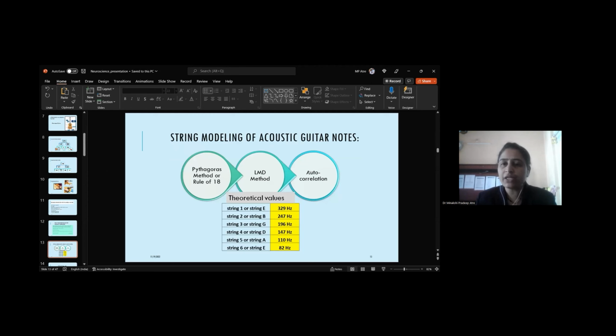And we can use the autocorrelation method to verify or validate the frequencies generated by both of these methods. This table gives us all the frequency ranges from 82 Hertz to 329 Hertz. String 1 to string 6 are named E to E: E, B, G, D, A, E.